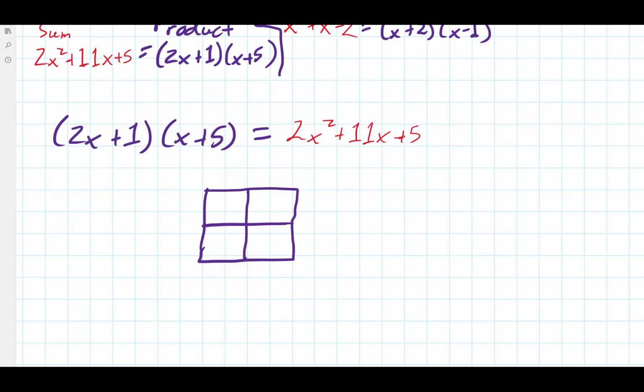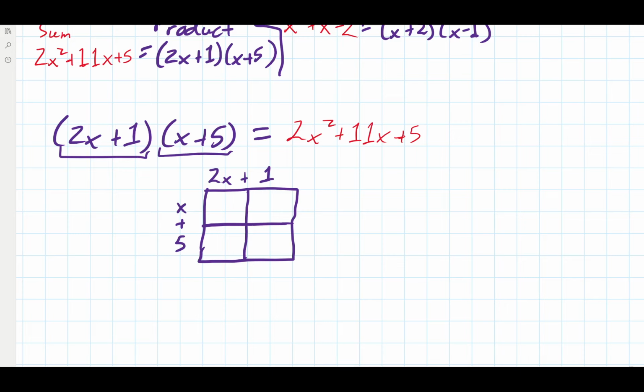Okay, so to do this, I would lay out, again, because this is a product, one of these side lengths is the height and one of them is the base. So I'll just put the 2x plus 1 over the top as the width, and the height will be x plus 5. And now to get the sum, we need to find the areas of the individual quadrants of this rectangle.